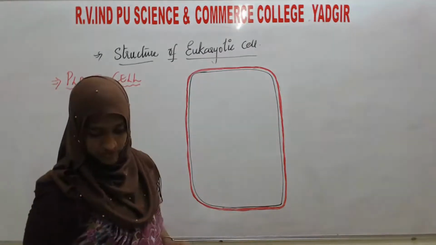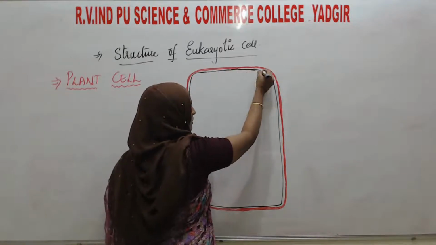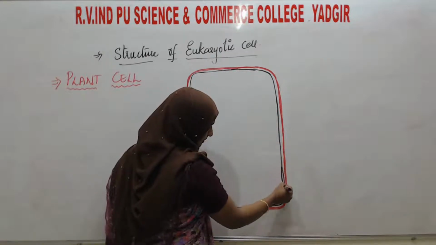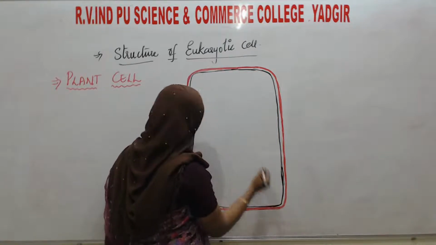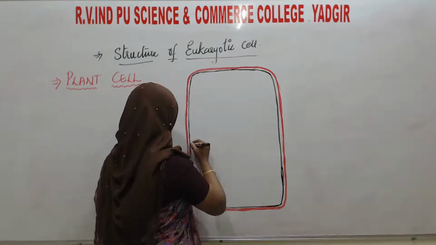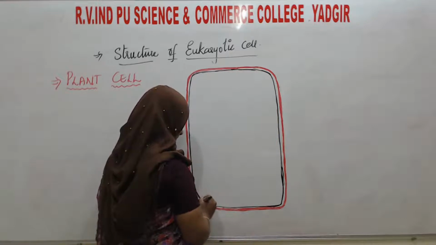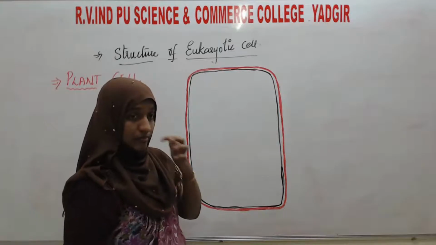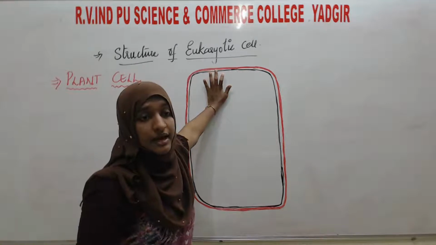Okay, so you can see there is a presence of a black color line or black color cell envelope. This cell envelope is the cell membrane. Then above the cell membrane you can see one more red colored thick layer or a thick envelope.